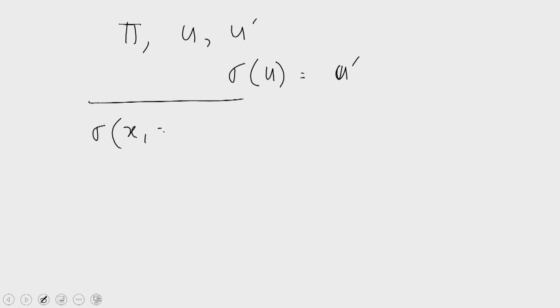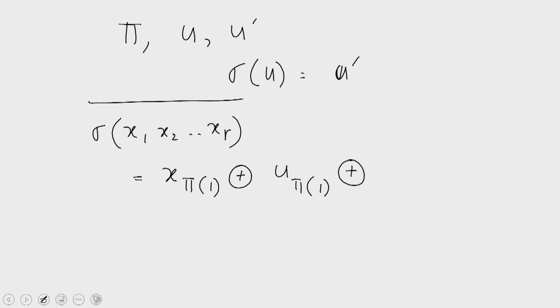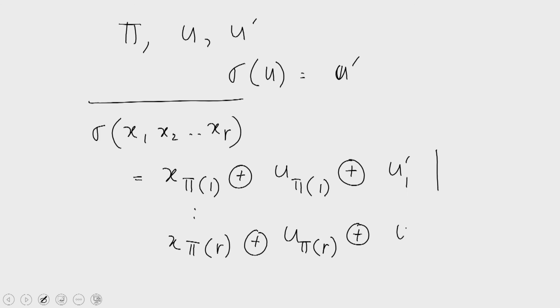Let us say for a node x1 through xr, sigma is defined as follows. The vertical bar denotes the concatenation operation, and we use the exclusive OR operator here.